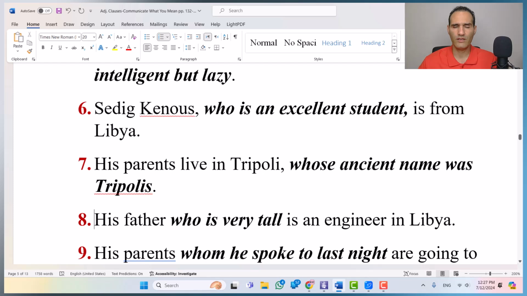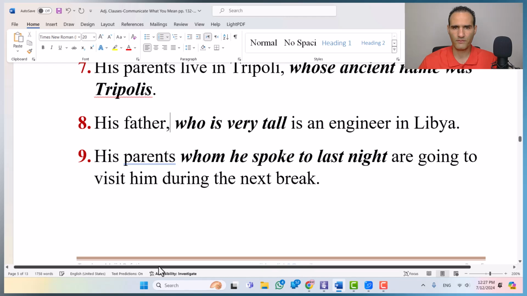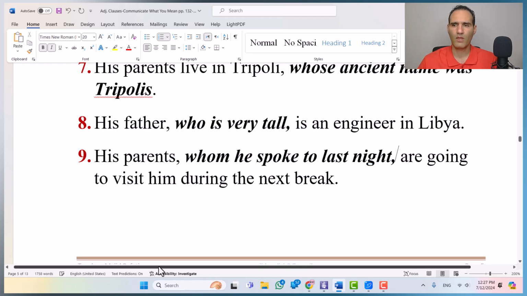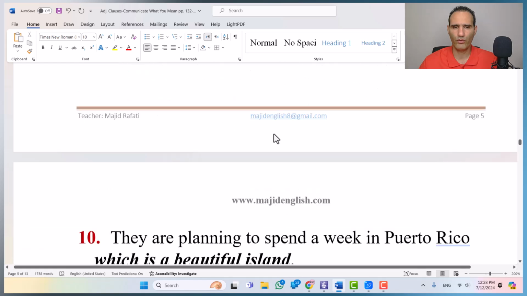His father, when it is father, it is just one father, so unnecessary adjective clause, who is very tall, is an engineer in Libya. His parents, again just one set of parents, whom he spoke to last night, are going to visit him during next break. So as you see, all of these adjective clauses are modifying the noun before. I forgot to tell you, but whom modifies parents, who modifies father, whose, all of them modifying the noun before.